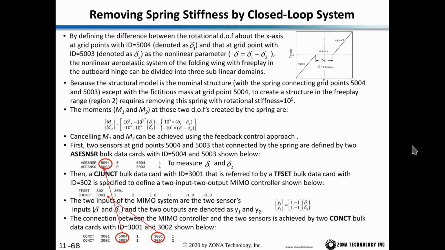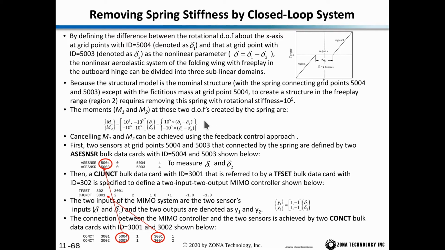And because the structure model is the nominal structure, except with fictitious mass at grid point 5004, to create a structure in the Freeplay range requires removing this spring with the rotational stiffness of 10 to the 5. And the moments M1 and M2 at those 2 degrees of freedom created by the spring are shown here.